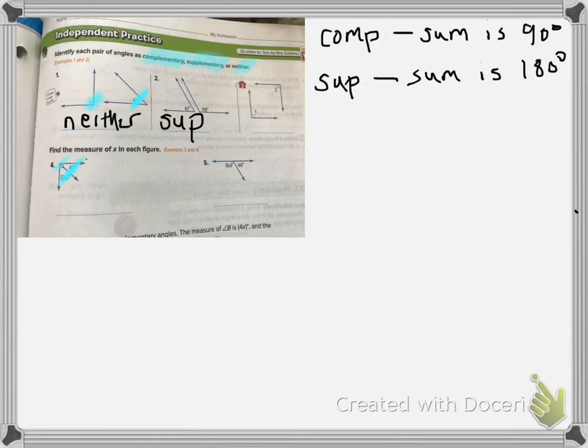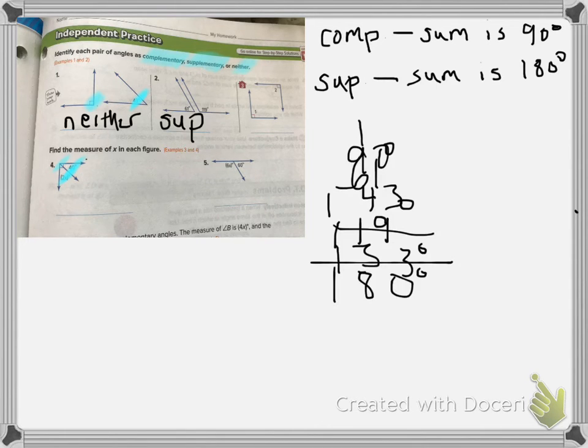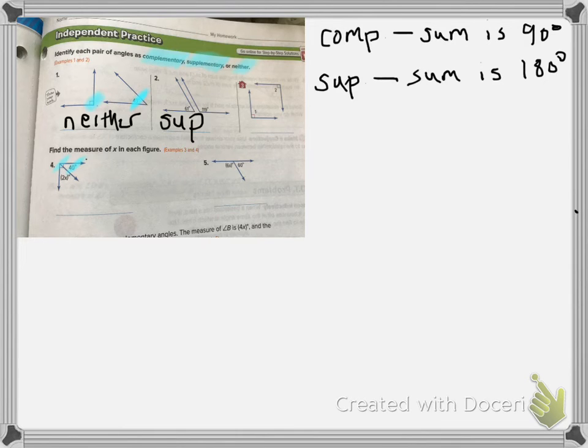So, thinking about what we learned earlier in the video, we know that complementary angles add up to 90 degrees. So looking at this angle in number 4, that 40 degrees plus 2x degrees, and actually I'm not going to use the degree sign, because we're going to make this into an algebra problem.